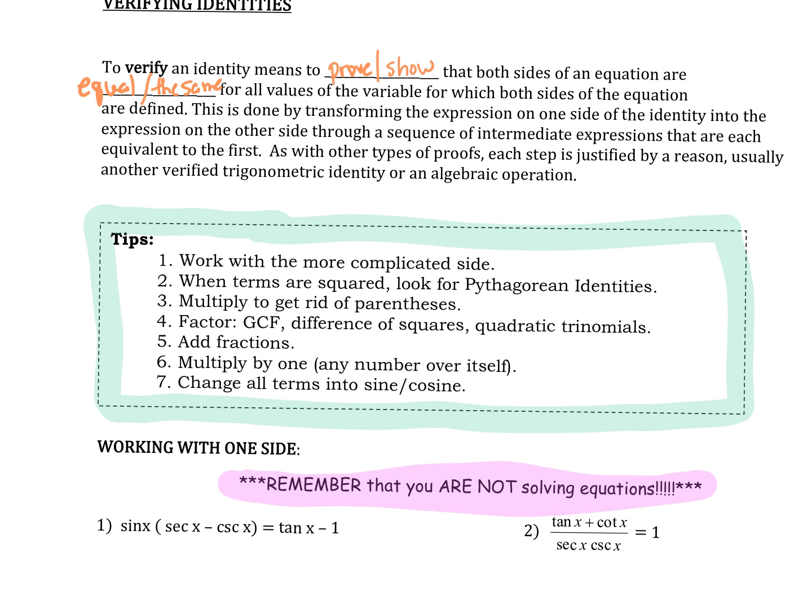That's what makes it an identity, right? But if you notice it says, this is done by transforming the expression on one side, and that's really important, one side of the identity into the expression on the other side through a sequence of intermediate expressions that are each equivalent to the first.